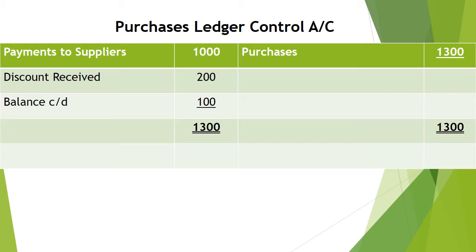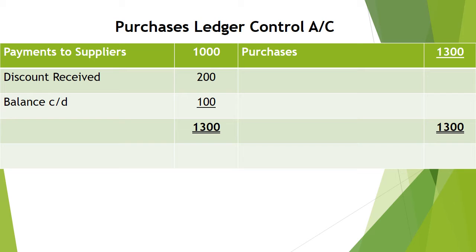When we make the purchases ledger control account, purchases will be on the accounts payable, that is also called the accounts payable control account. So accounts payable will be recorded on the credit side, purchases to accounts payable.